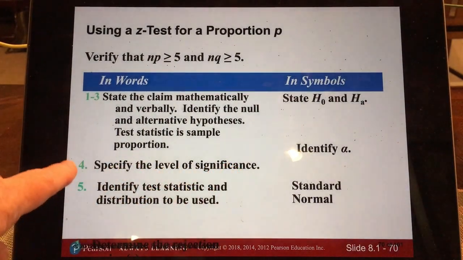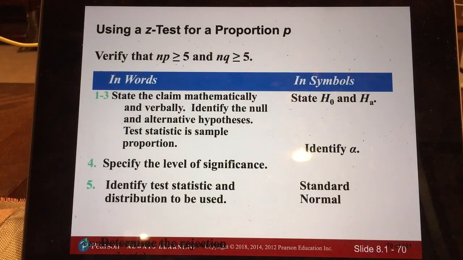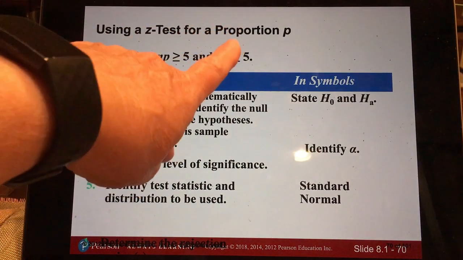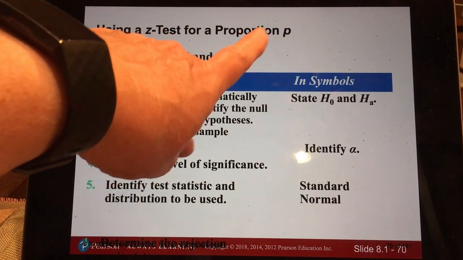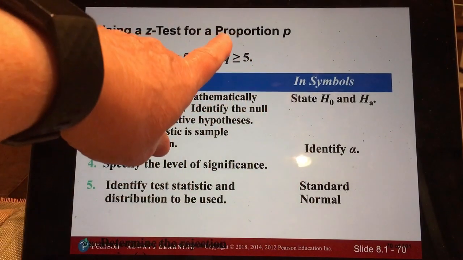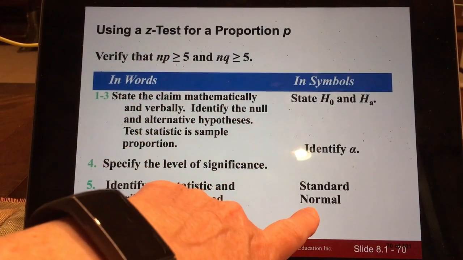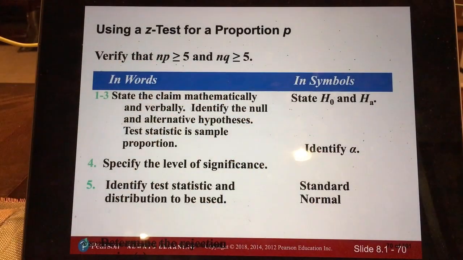Specify the level of significance is number 4. Identify the test statistic and the distribution is step 5. Because proportions, remember in 7.1, we used the standard normal for proportions. We're also going to do that. Once we meet these, we can treat it as a standard normal distribution.